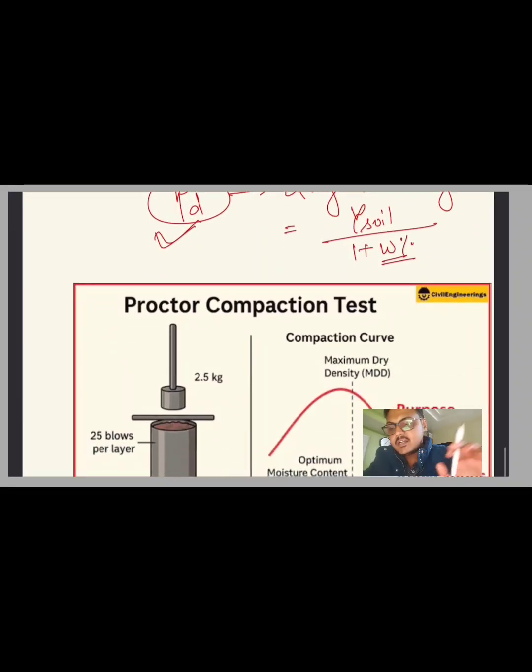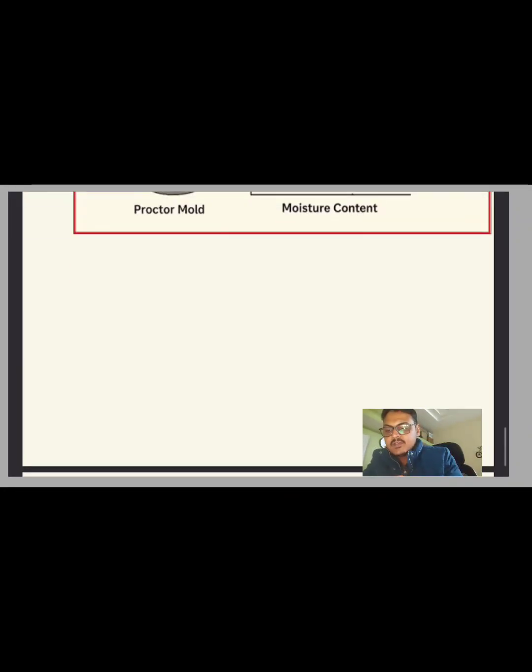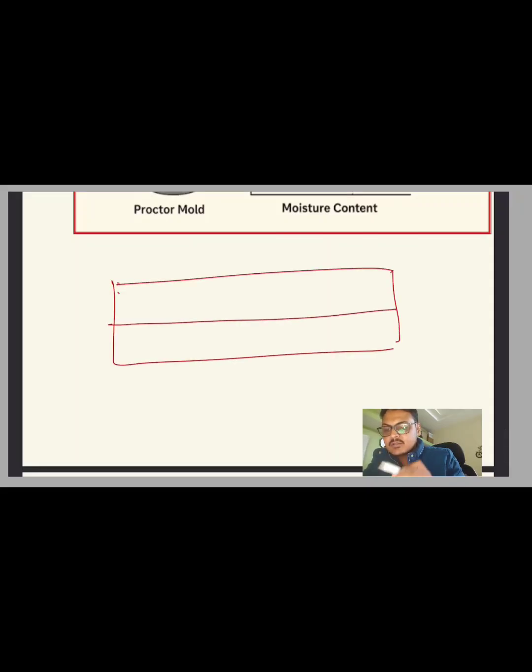What we generally do is draw a table. The table consists of two variables. First is gamma D, and the second is the water content. For various water contents, we have different values of gamma D. Suppose I'm taking just generalized values.